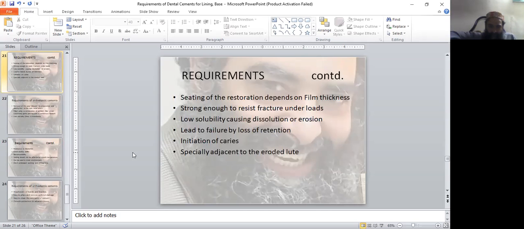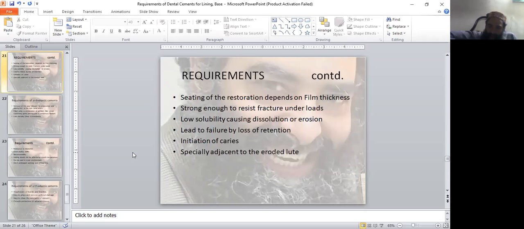Again, if some time is there, low solubility causing dissolution or erosion. Think upon this: low solubility means solubility is low. How can it cause dissolution or erosion?